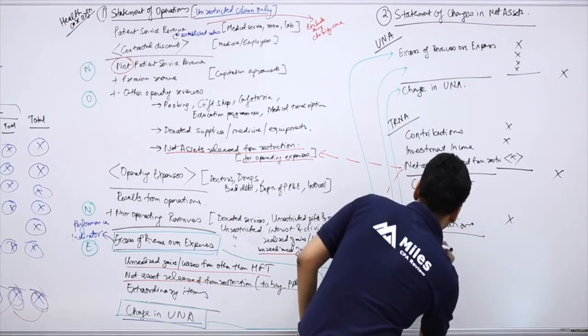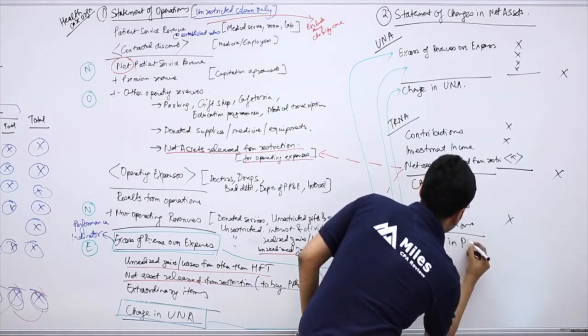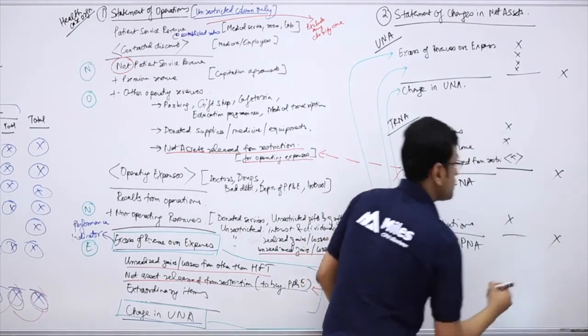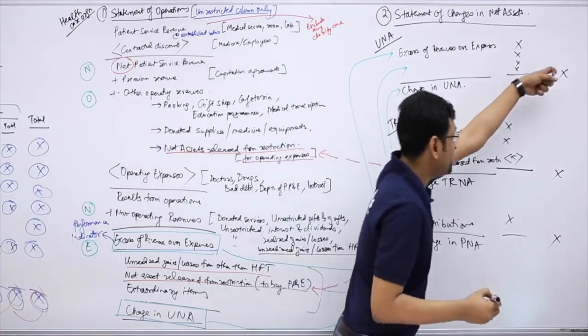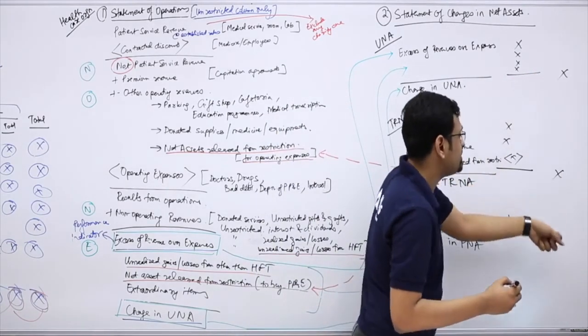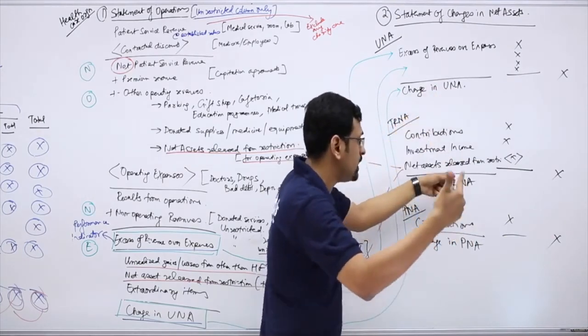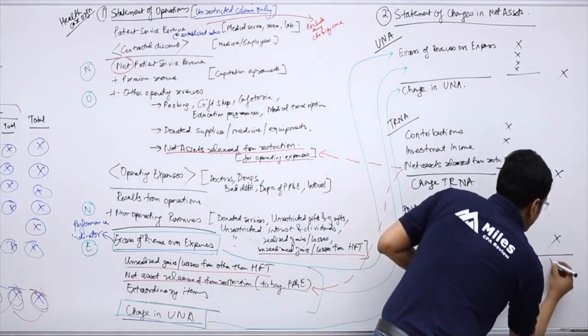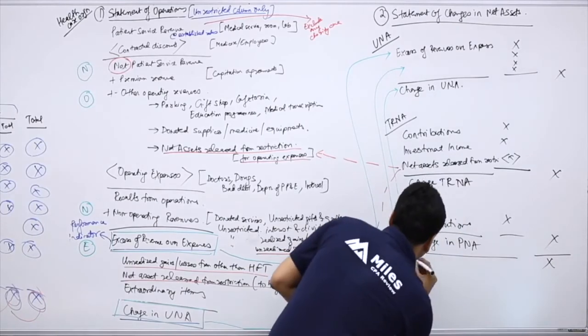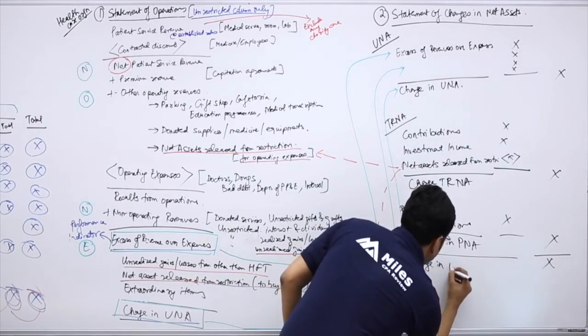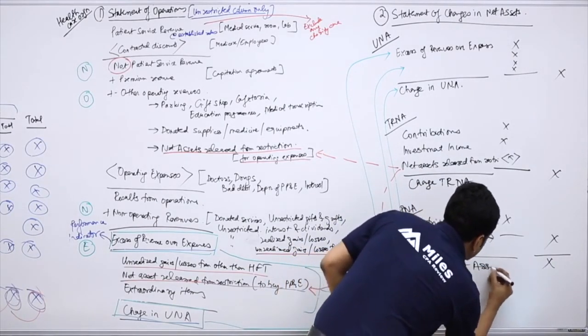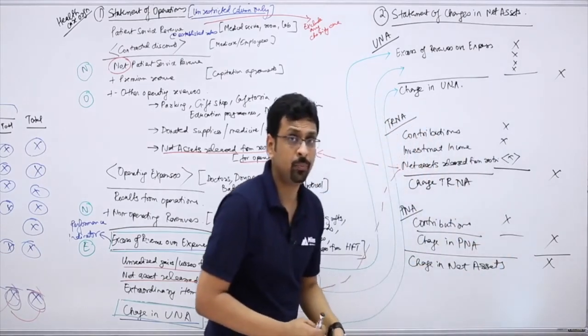That gives you the change in permanently restricted net assets. So this plus this is equal to change in unrestricted plus temporarily restricted plus permanently restricted. So this gives you the total change in net assets, increase or decrease in net assets during the period.